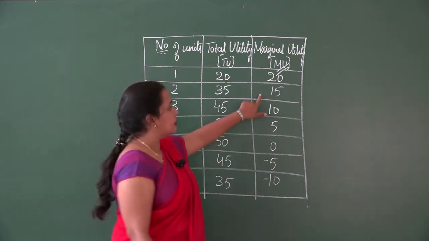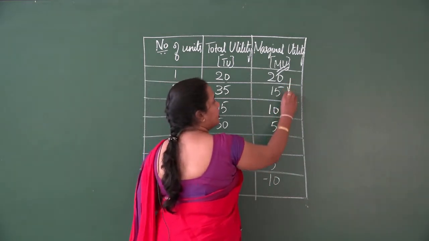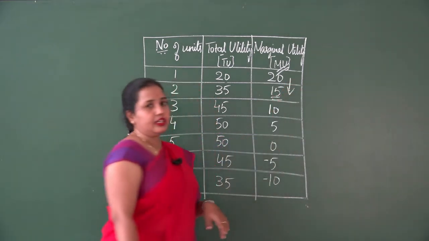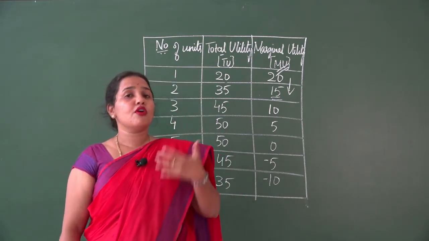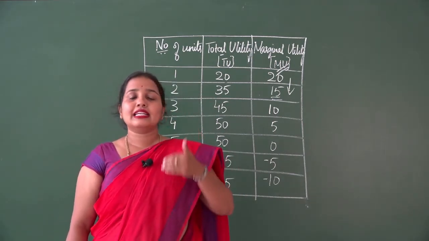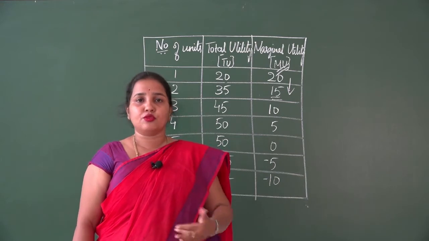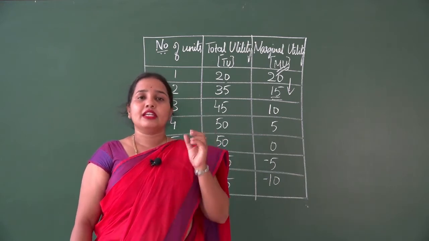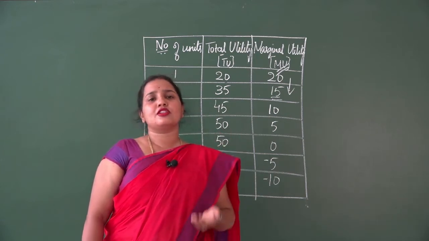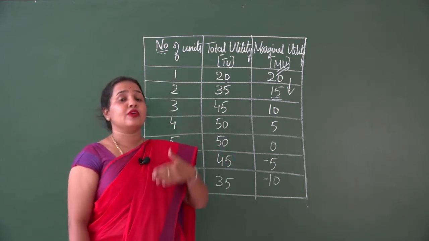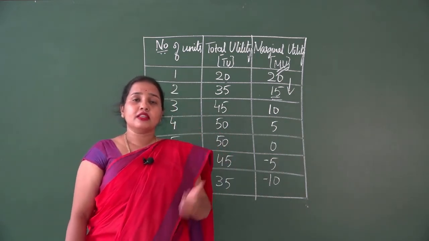You can see here it has declined from 20 to 15. It indicates that as a consumer consumes more and more units, the utility derived from the successive unit will definitely diminish.